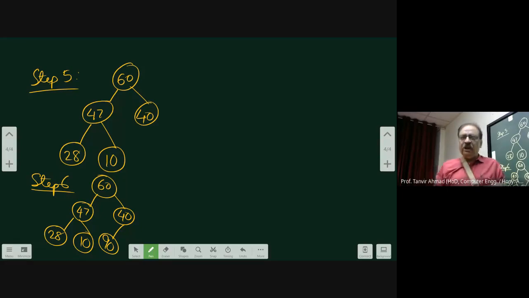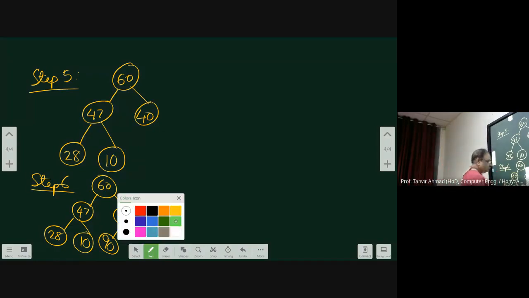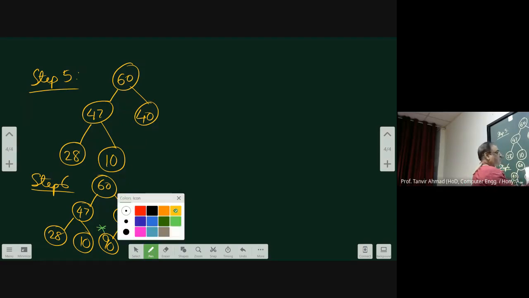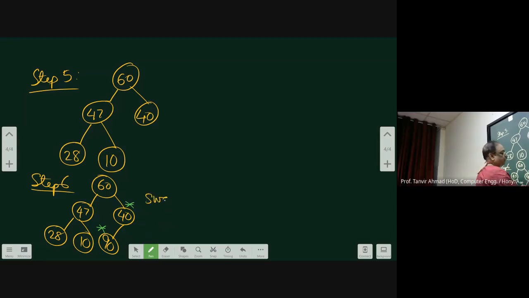Now once you put 90, you find that the property is violated. And now you have to swap 90 with 40. Then what I am going to do is that you are going to swap this one with this one. And what you get after swapping, you are getting this one.